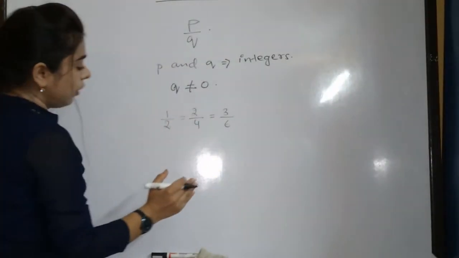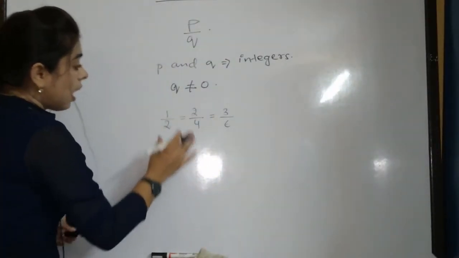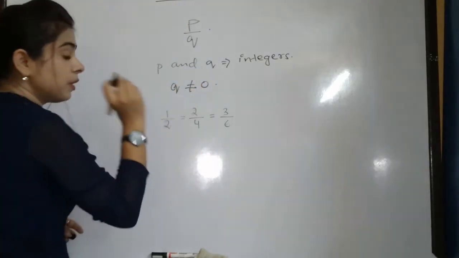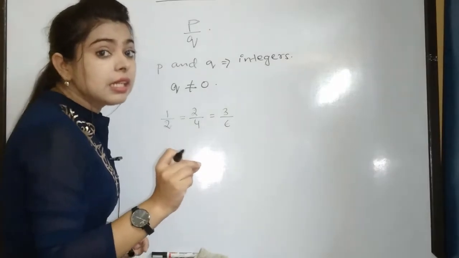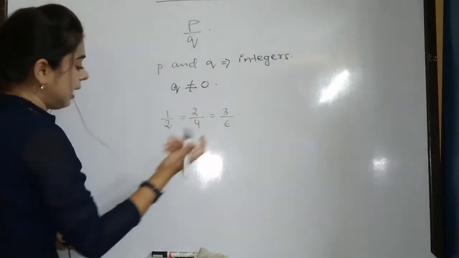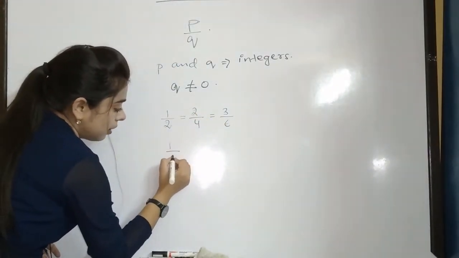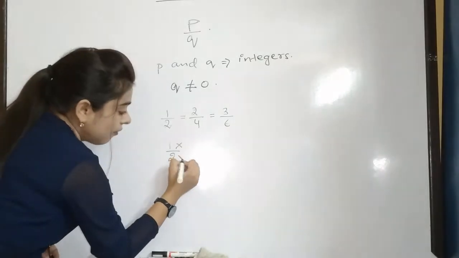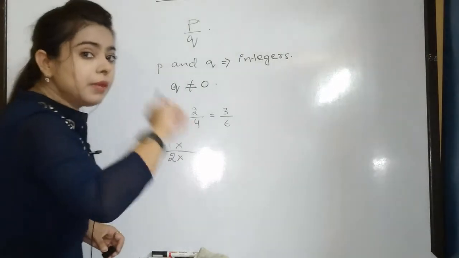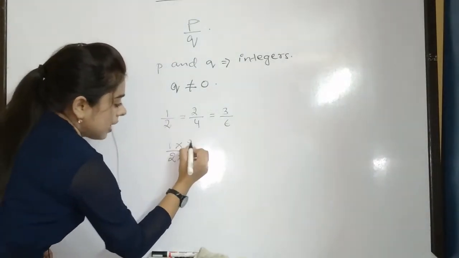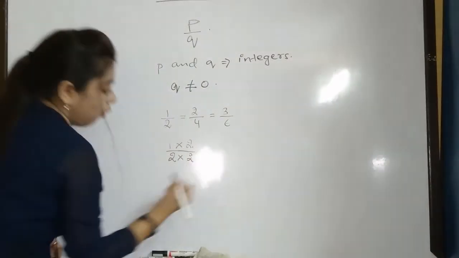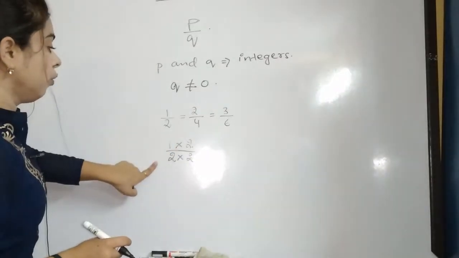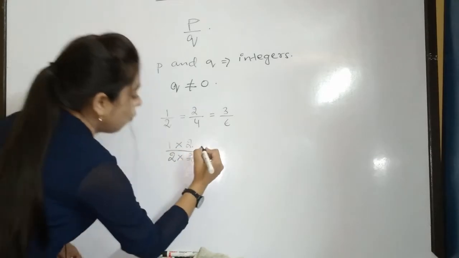So what we mean over here is that if I multiply the denominator and the numerator with the same digit, we get an equivalent rational number. That is, if the rational number is 1 by 2 and I multiply the numerator and the denominator with the same digit, suppose in this case I take 2 and 2, what do we get over here?